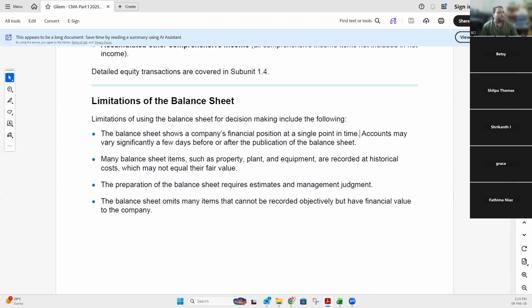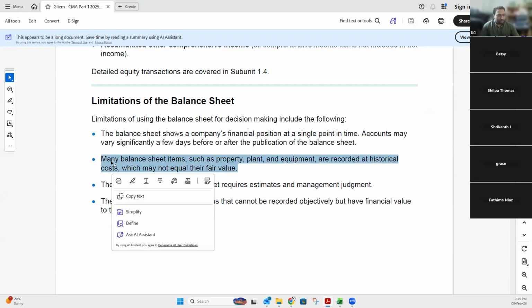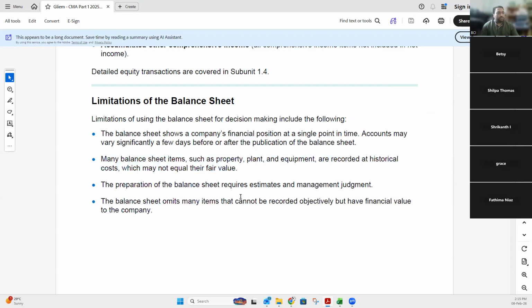So accounts may vary significantly a few days before or after the publication of the balance sheet. Then many balance sheet items, such as property, plant and equipment, are recorded at historical cost, which may not equal the fair value. Then the preparation of the balance sheet requires estimates and management judgment, so this could also go wrong.